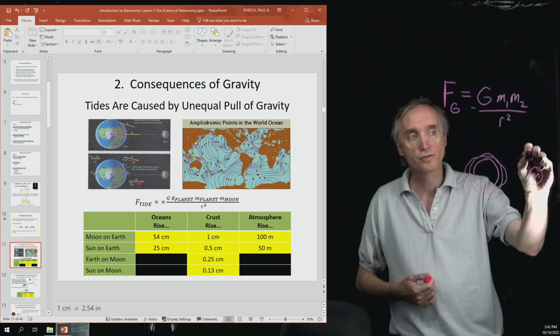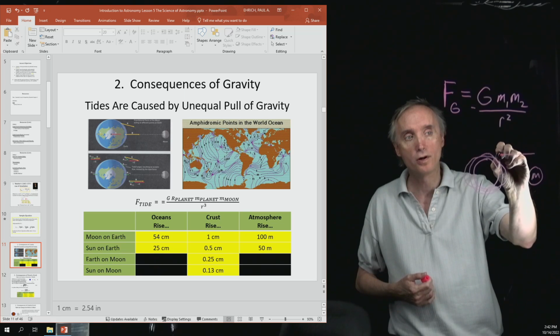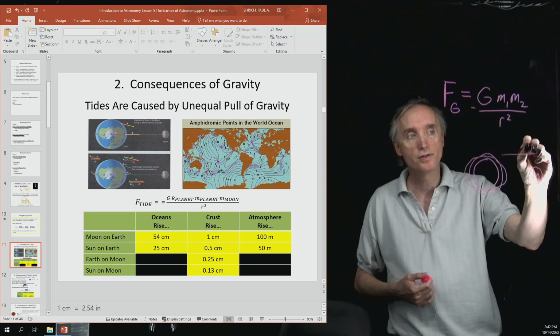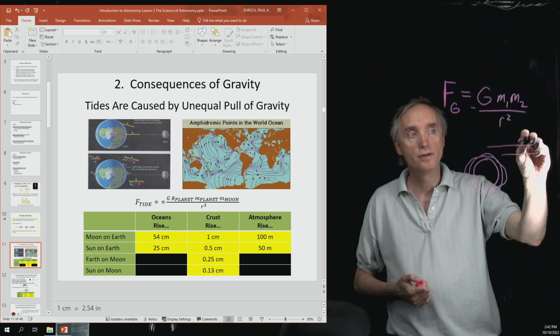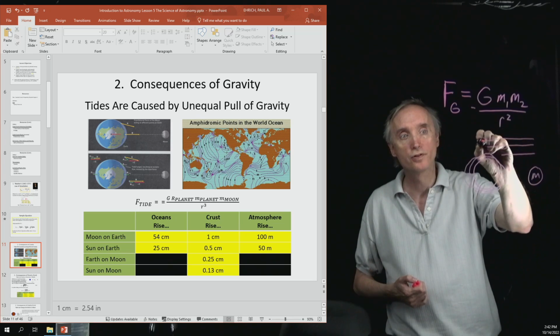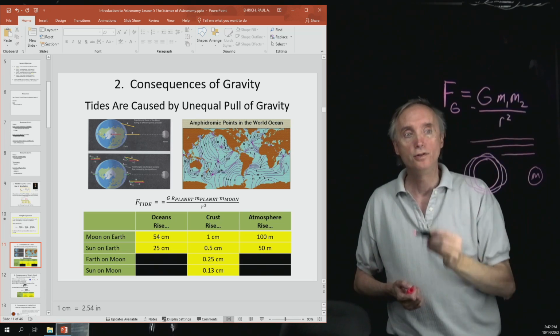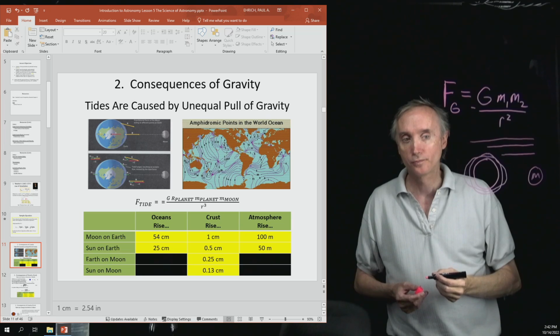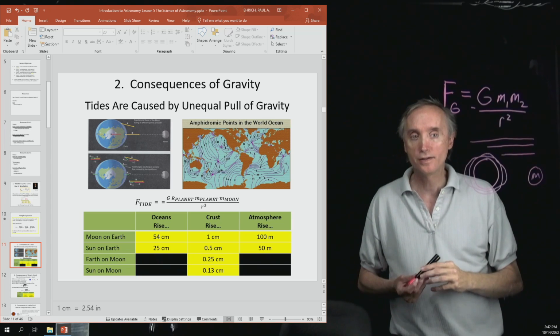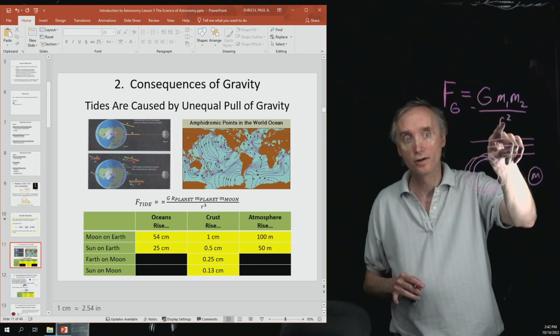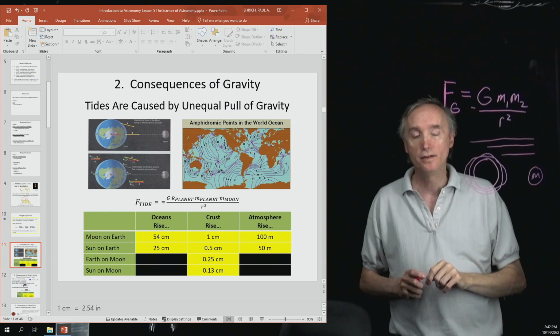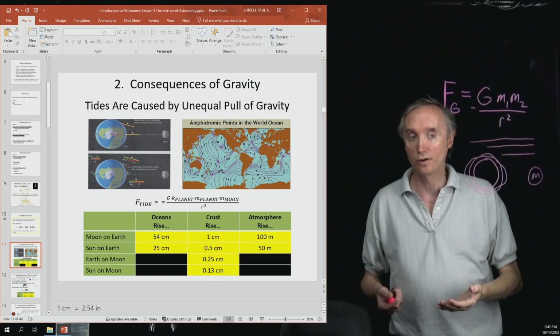Okay, so the answer to this, in simplest terms, has to do with the distance. There's the distance from the moon to this water over here, the distance from the moon to the earth itself, and the distance from the moon over to here where you've got the other water. And we learned last time that if the distance gets large, if the r gets large in this formula, then the force of gravity gets weaker.